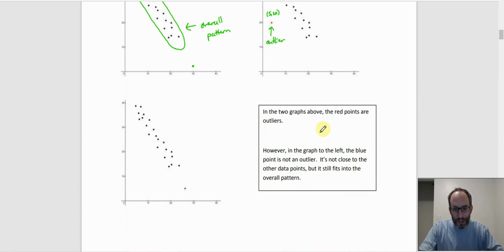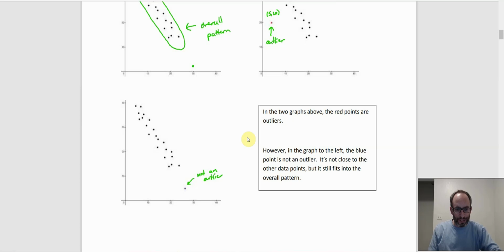Then there's this third one, and it says inside this box that this one right here, this blue dot down here, is not an outlier. The reason is that even though it's still kind of separated from the black points, it still fits the overall pattern, right?